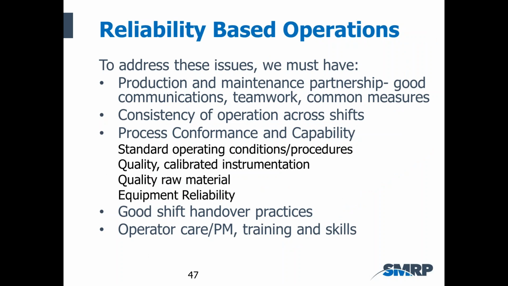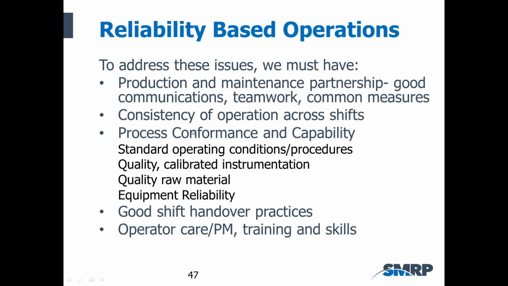So how do we address all these issues? Well, I believe strongly you've got to have a good production and maintenance partnership, one that's production-led. Consistency of operation across the shifts. Run the process steadily across every shift. Too often, each shift wants to tweak things. That induces more instability.